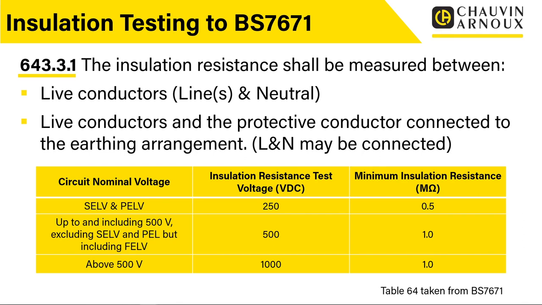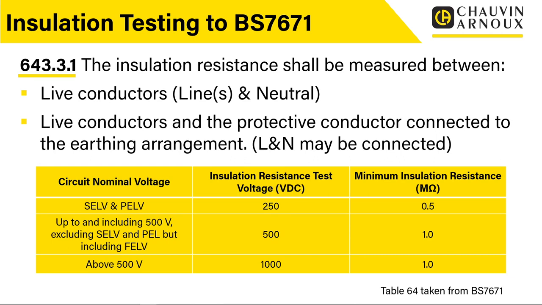It says we must test between the live conductors and the protective conductor connected to the earthing arrangement. So if we are checking to a protective conductor, that protective conductor must, at the time of test, be connected, whether via a temporary connection or a permanent connection, to the earthing arrangement within the installation.